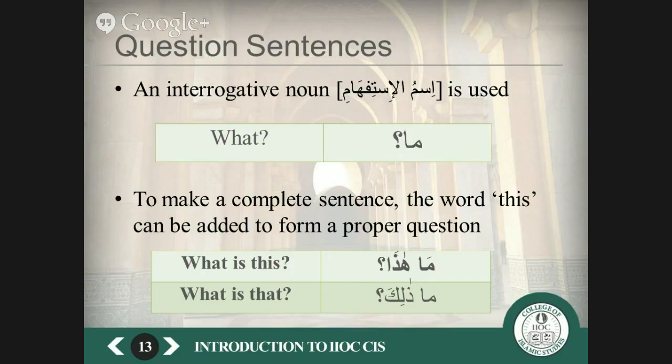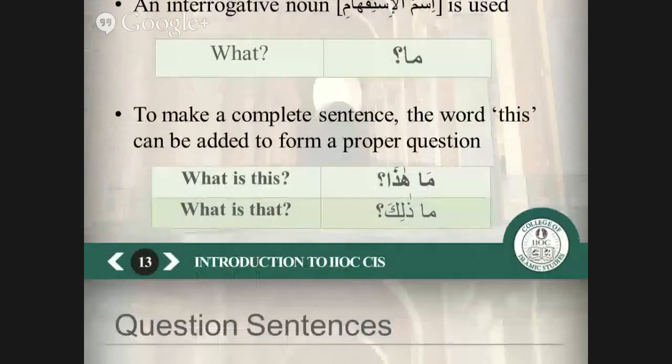If I say ma hadha, dhalika ma'un. If I say ma dhalika, okay, dhalika babun, that's true. Ma hadha. Hadha masjidun. This is a masjid, a mosque. Exactly. That's how you ask a question, ma hadha and ma dhalika. Very simple as that.